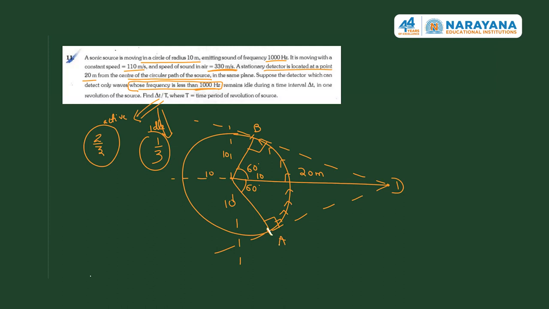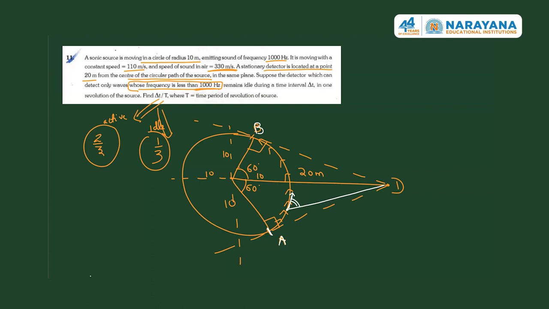For all these positions from here to here, for any position in between, if I connect the detector with this point and whichever direction I am moving, this vector makes an acute angle.